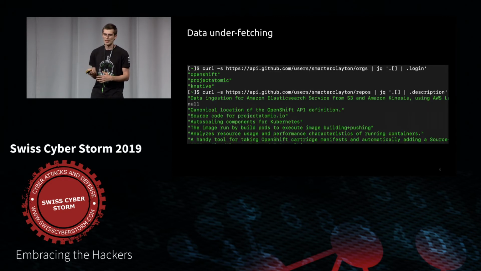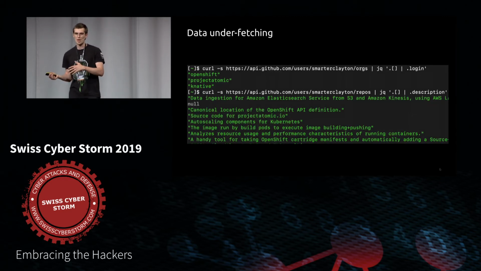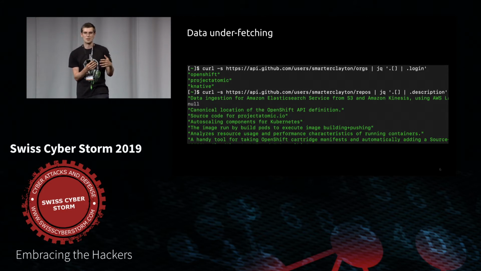And data underfetching is when you want to get different data and you have to go to different endpoints. From the first endpoint you get, for example, organization names. From the second endpoint you get repository descriptions, and from the third endpoint you get something else. This again creates an overload and slows down site performance.